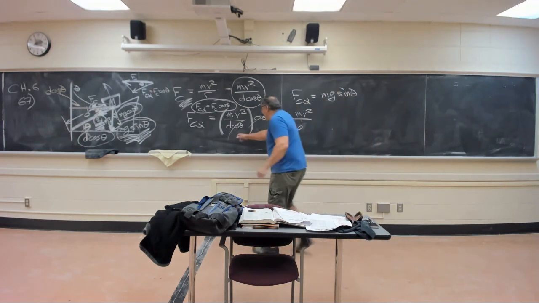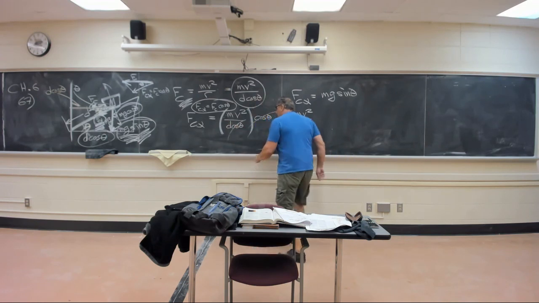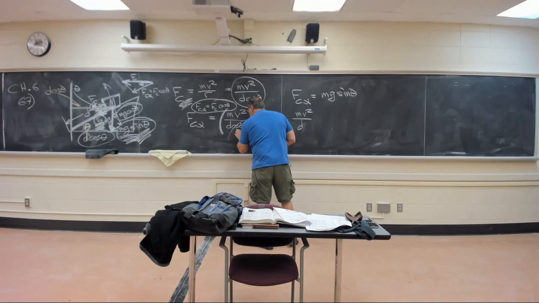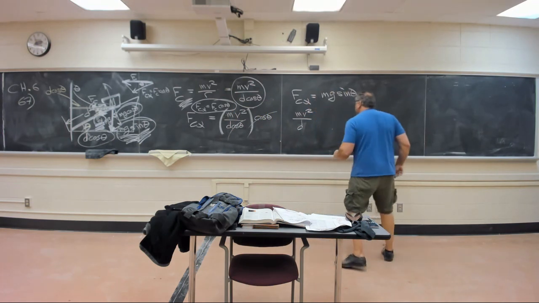Believe it or not, I know this is a bigger number, but a big number on the bottom gives you a smaller answer. D cosine theta is small. D is bigger than d cosine theta. Big on the bottom means this whole thing is small.